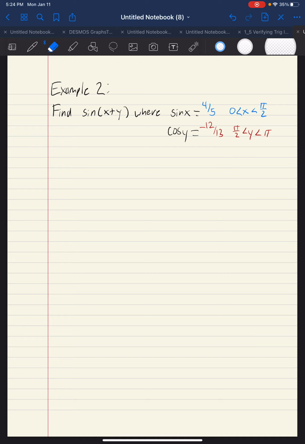So now my suggestion would be to actually draw the graph first to see what they're talking about. So I know this is 0, pi over 2, and pi, and that's what we're looking for. So let's draw our triangle.